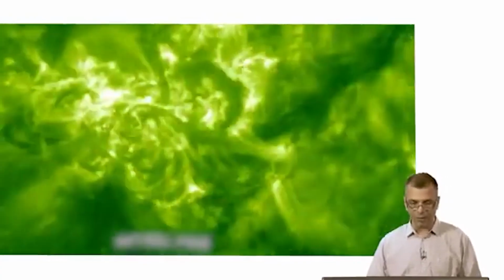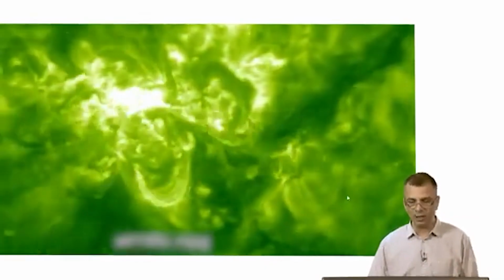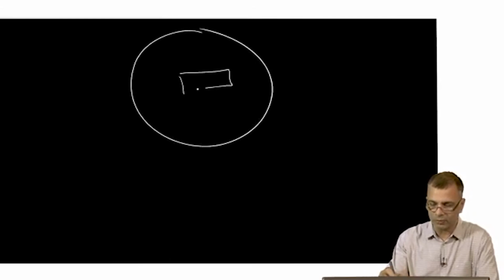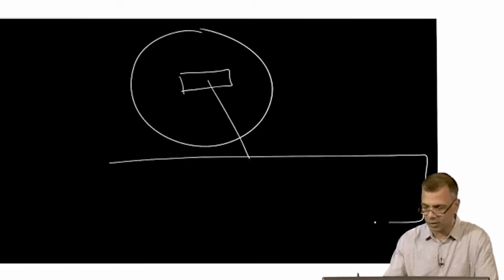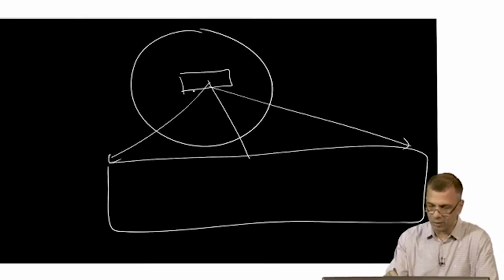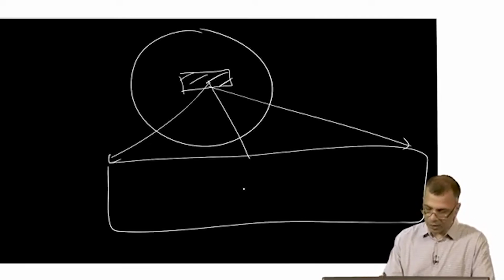Right. So just to give you a context, this is really a very small part of the solar surface. If this is the solar surface, you are really seeing a blow up of just this. So you're just seeing a blow up of a very small part of the solar surface, and what you're really seeing is this.